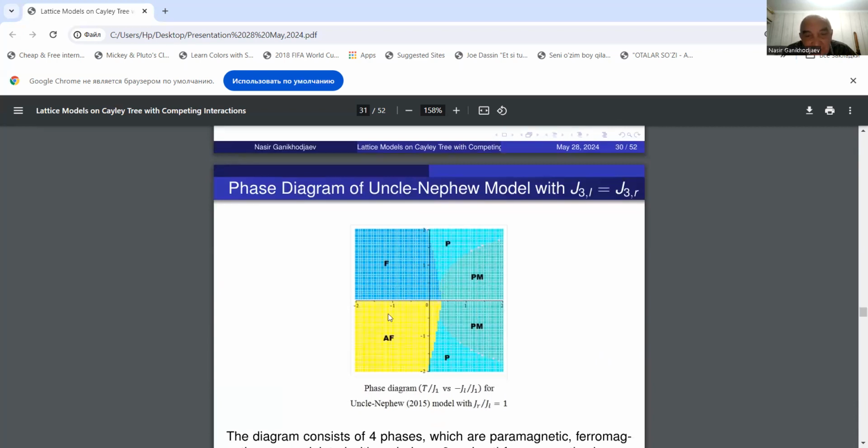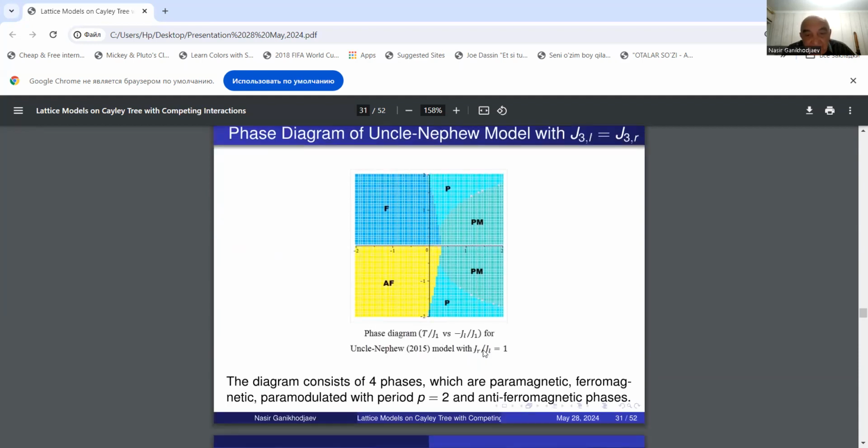Here we have an interesting phase diagram. So here ferromagnetic phase, anti-ferromagnetic phase, paramagnetic. Is this PM paramagnetic modulated? This is period 2. Here is also a new phase with magnetization 0, but here we have period 2.